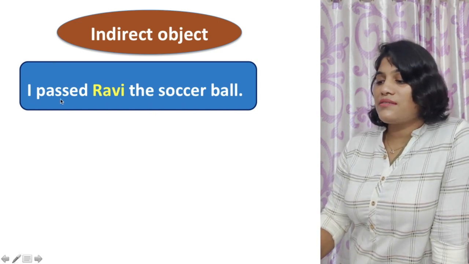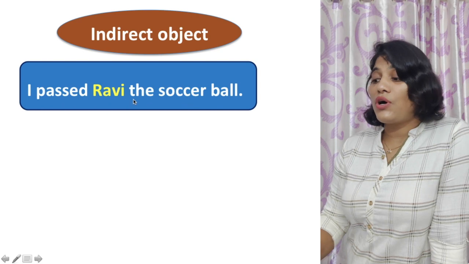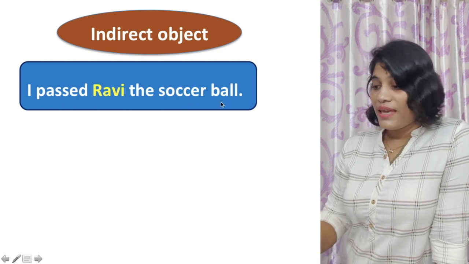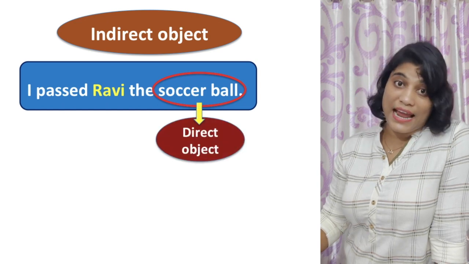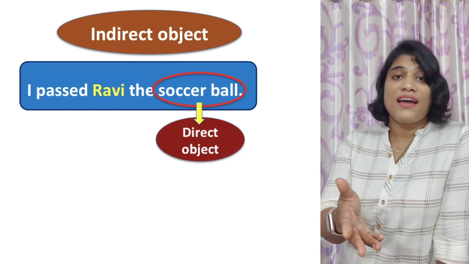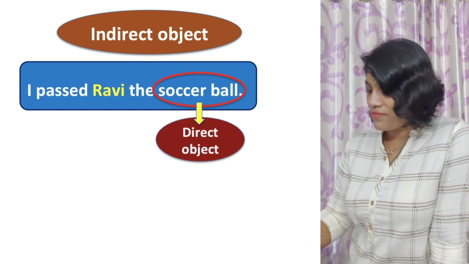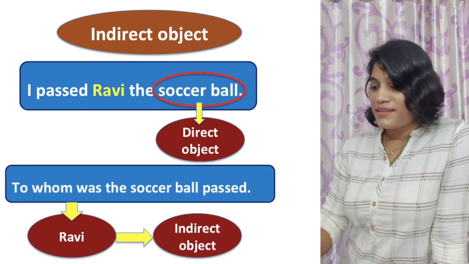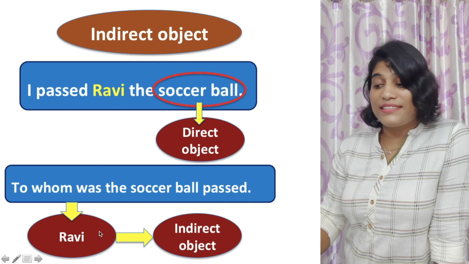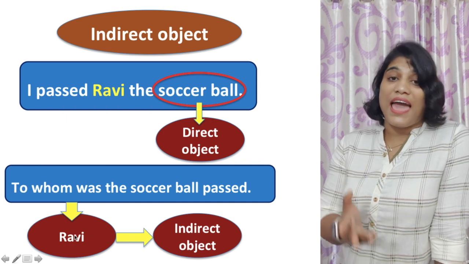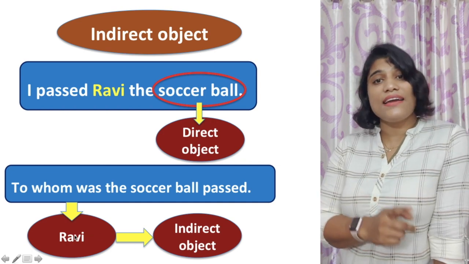I passed Robbie the soccer ball. Here you find the soccer ball is the direct object, of course, the thing acted on. And to whom was the soccer ball passed? The answer should be Robbie, and this is the indirect object.